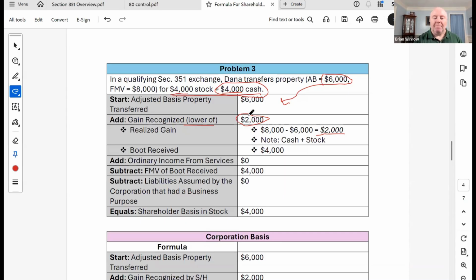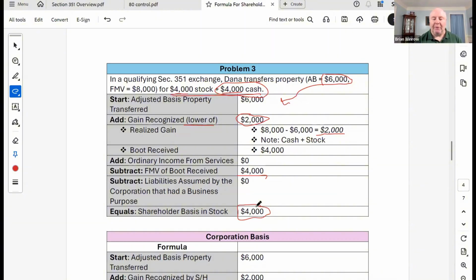Okay. Now what we're going to do, there was no service again, so that's zero, minus the fair market value of the boot we received, which was $4,000. Subtract any liabilities. We didn't have any business purpose liabilities in here. So what we're doing is 6,000 plus 2, which gives us 8,000, minus the fair market value of boot received. And we're going to be down to $4,000.